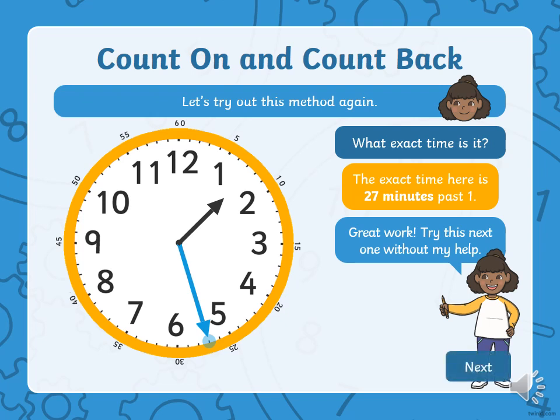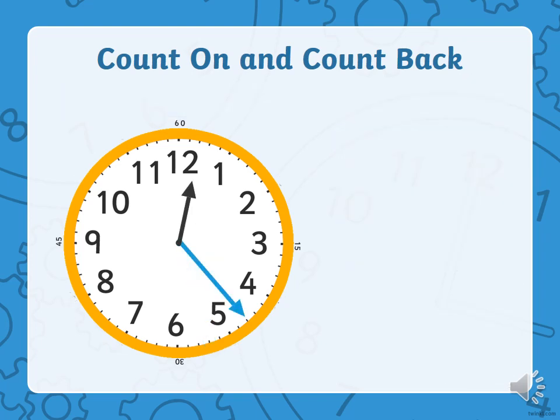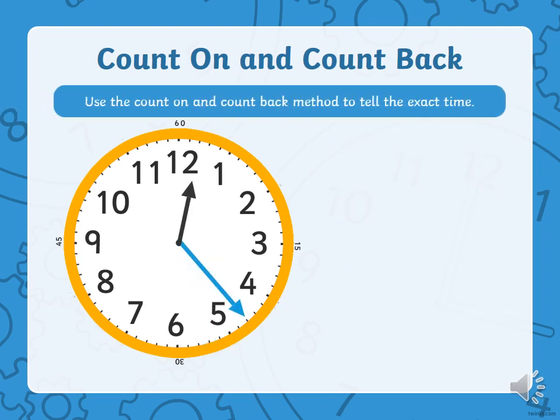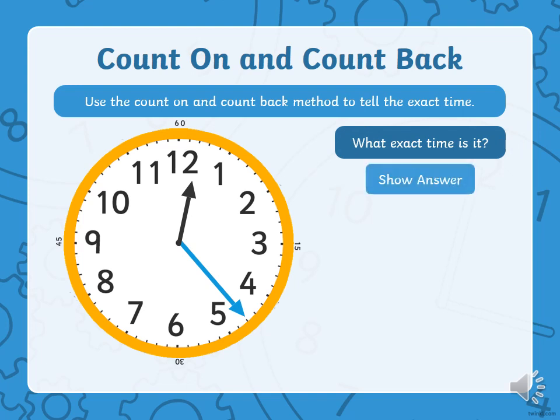Great work. Try this next one without my help. So, use the count on and count back method to tell the exact time. So pause the video for around a minute or so. What exact time is it? Make sure you're also able to explain your answer.